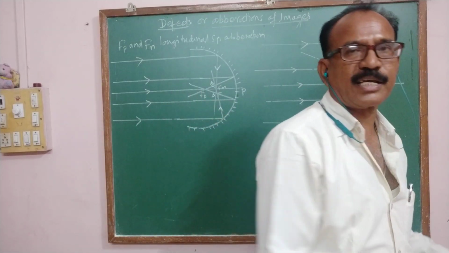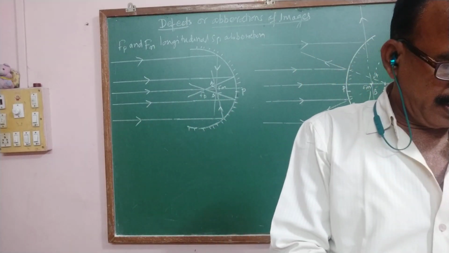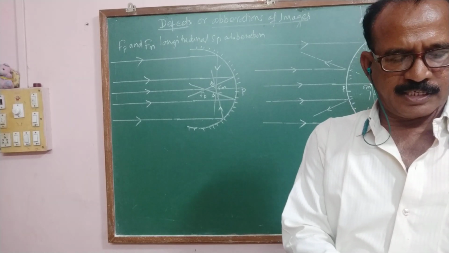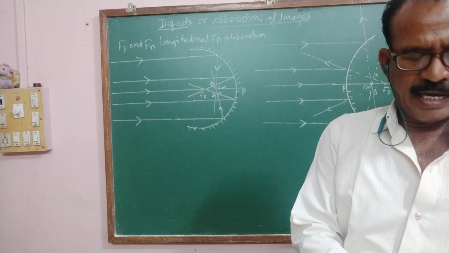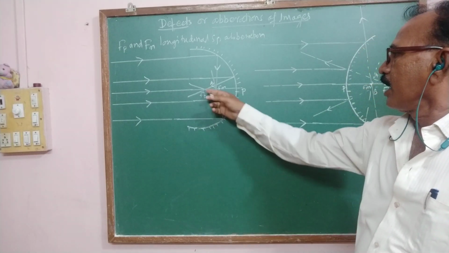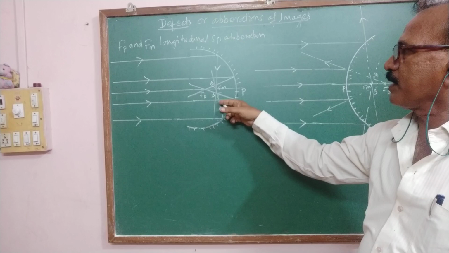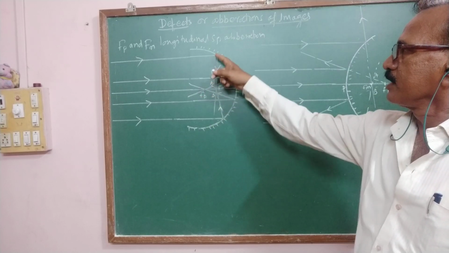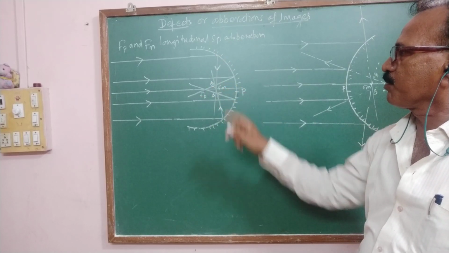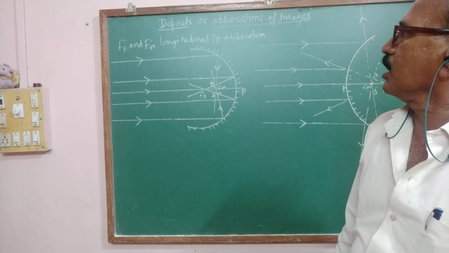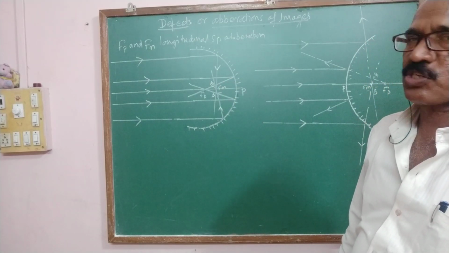We get a single point image on a screen perpendicular to the principal axis at the location of the incident parallel beam. The rays which are close to the principal axis meet at the point FP. The rays away from the principal axis meet at the point FM. And the distance between FP and FM is called the longitudinal spherical aberration.